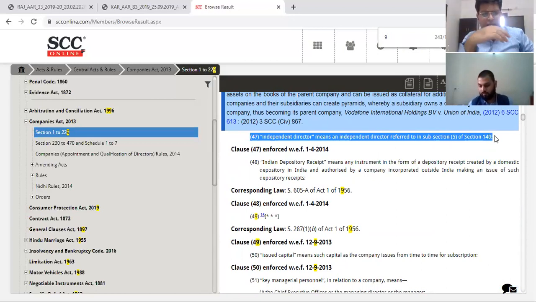Section 149 clause 5 provides for the qualifications of an independent director, who has to be a person of repute, who has expertise in some area, and who is not related to the shareholders. Now we need to refer to the definition of managing director, which is at section 2 clause 54.